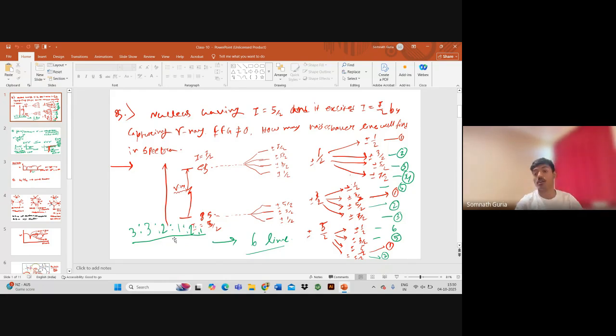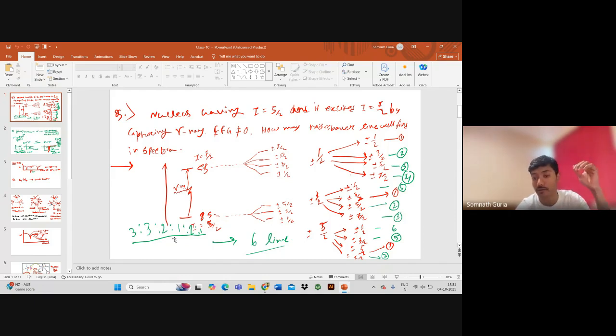Similarly, for any nucleus with I values greater than one half, we can calculate very easily, using the rules we discussed in the last session. Let's suppose we have I equals 5 by 2. In your assignment you will get one question about that.